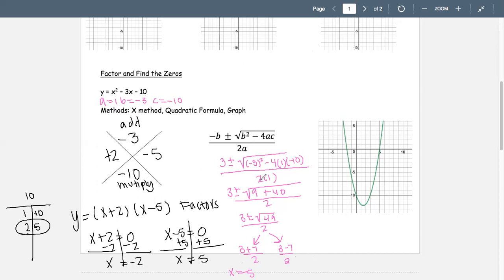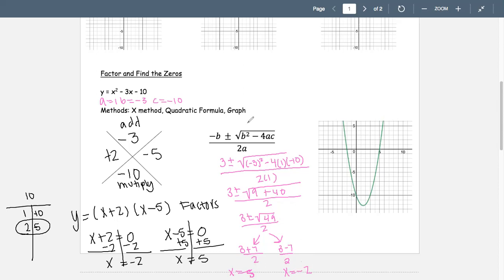So you need to make sure you have parentheses around this. So 3 plus 7 is 10, divided by 2 is +5. And then 3 minus 7, divided by 2, is -2. So here, when we use the quadratic formula, it gave us the same exact thing.